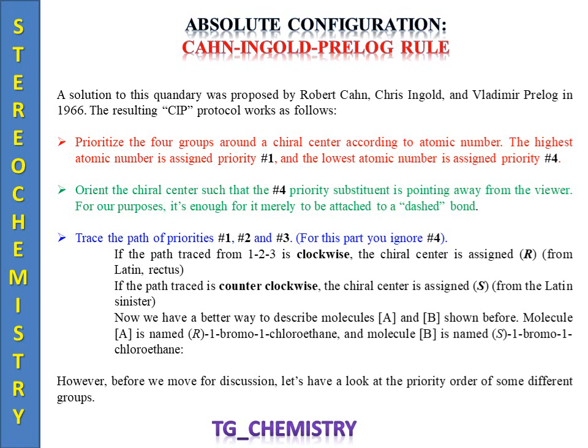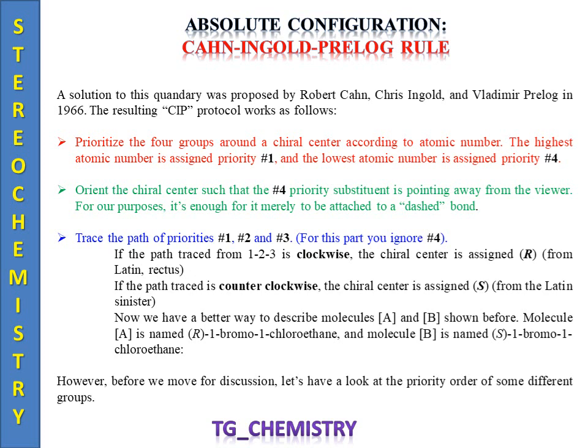And the very famous CIP rule, the resulting CIP protocol, works as follows. We need to memorize only 3 points. Those are the most important points you need to memorize, and then it will become easier to assign the stereochemistry of a molecule, especially the RS nomenclature.